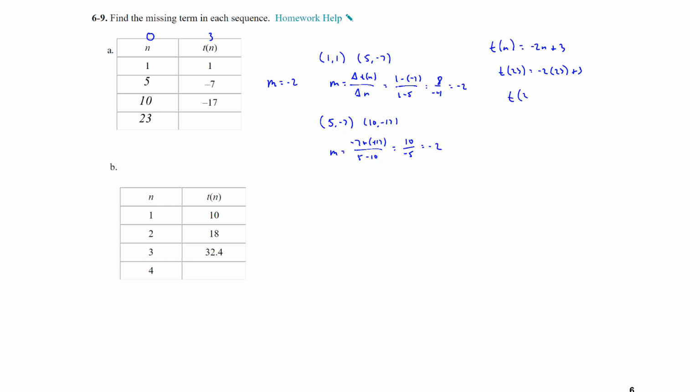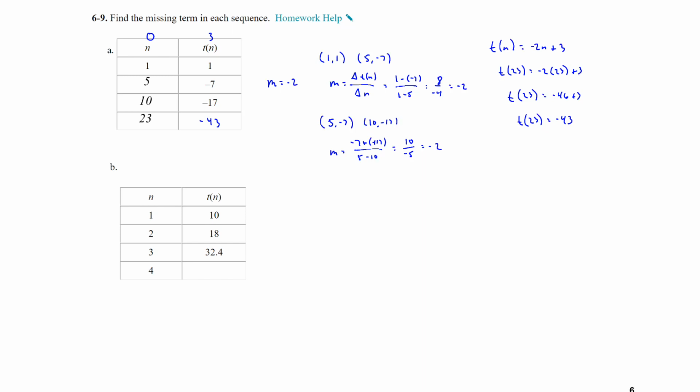So T of 23 is equal to negative 46 plus 3. And negative 46 plus 3 is negative 43. So it seems that this term right here should be negative 43. Now, you might have been able to figure that out a little different than what I did, and that's perfectly fine. That's just one way to look at it.